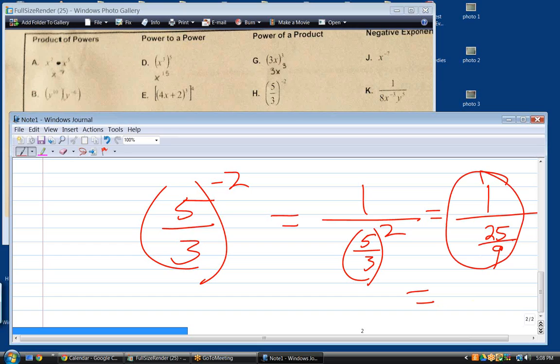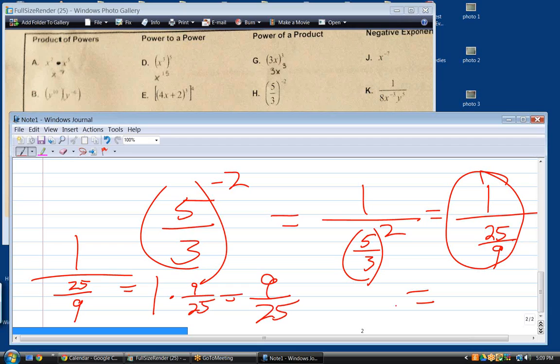Wouldn't you invert it and multiply? Yeah. So, 1 over 25/9 is the same as 1 times 9/25, or just 9/25.